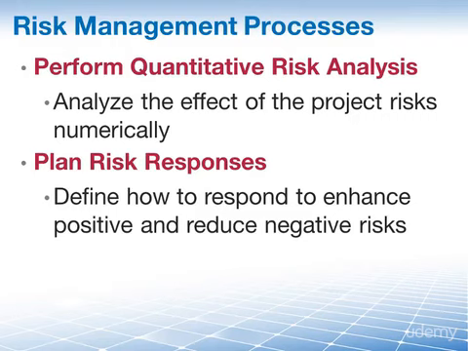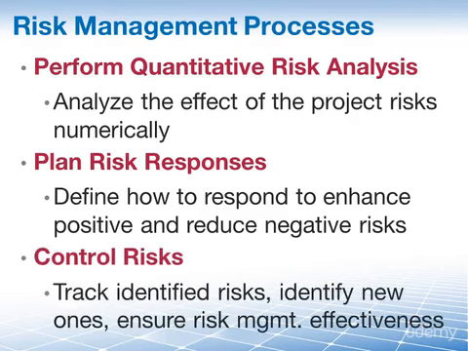And of course, in the end, it's really all about one thing. We want to control our risks in the process of implementing risk response plans, tracking identified risks, monitoring residual risks, identifying new risks, and evaluating risk process effectiveness throughout the project.